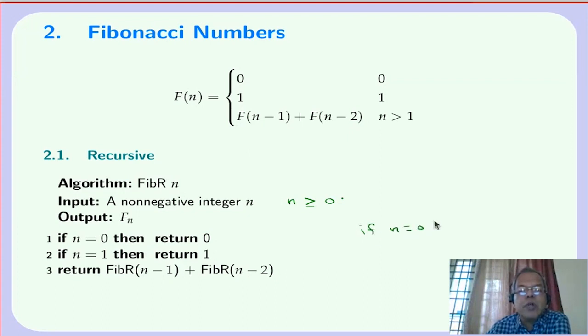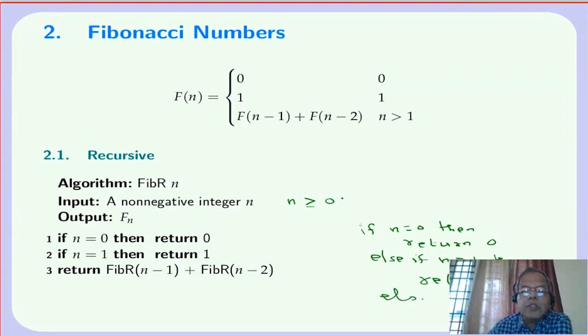If n is equal to 0, then return 0, else if n is equal to 1, then return 1, else return f of n minus 1 plus f of n minus 2.